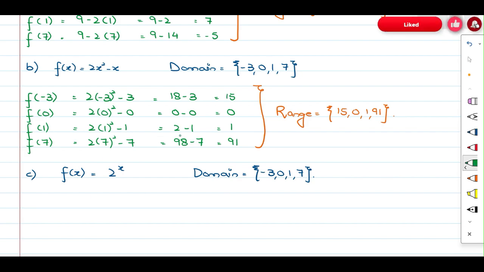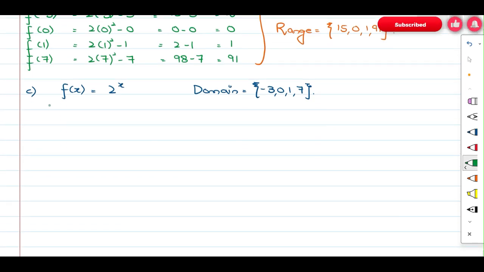Now we need to figure out the range like we did in part A and B. So the outputs at -3, at 0, at 1, and at number 7. Okay. So 2 to the power -3, 2 to the power 0, 2 to the power 1, and 2 to the power 7. Okay, let me solve this.